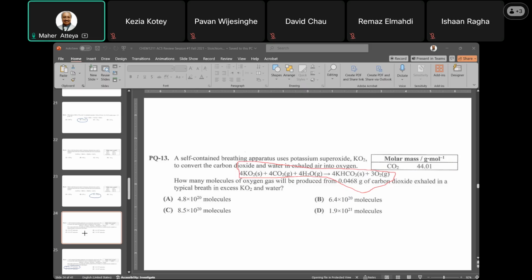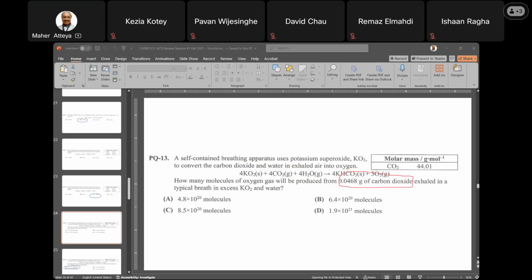The idea is you start with whatever is given to you. What's given to me is the amount of carbon dioxide, so I will start with this amount.